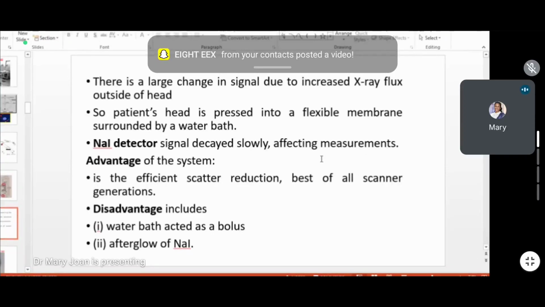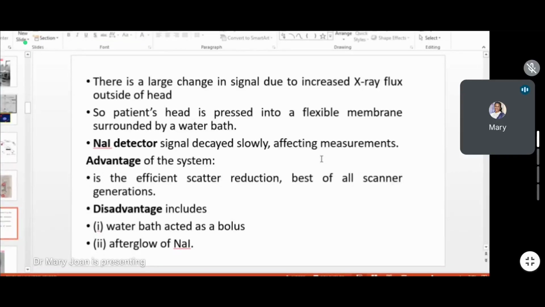So in sodium iodide, it used to produce luminescence. Sodium iodide is a luminescent material. So when X-rays pass through, the electrons get excited and get trapped in a higher valence band, and when it comes back down, it will be emitted out as light.